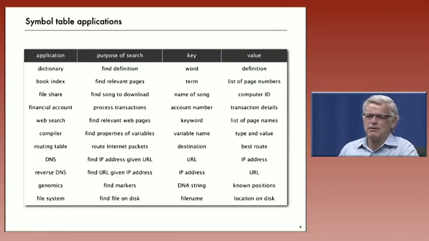And there are many, many other applications, including scientific applications, where, say in genomics, people use symbol tables to keep track of finding markers in a genome, and again, many other applications. So it's a very fundamental concept, and we'll look at plenty of applications, but first we want to look at some algorithms.